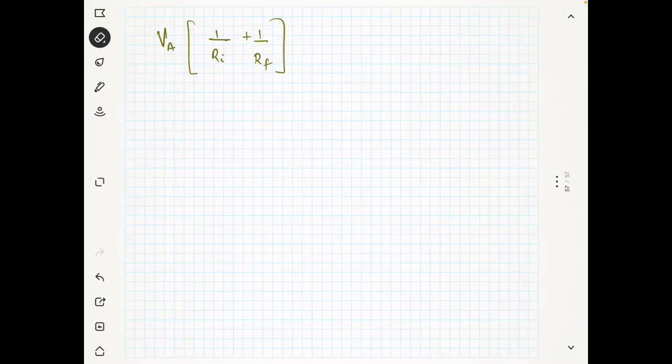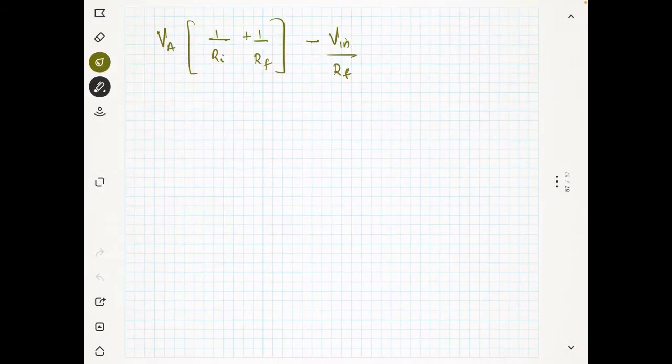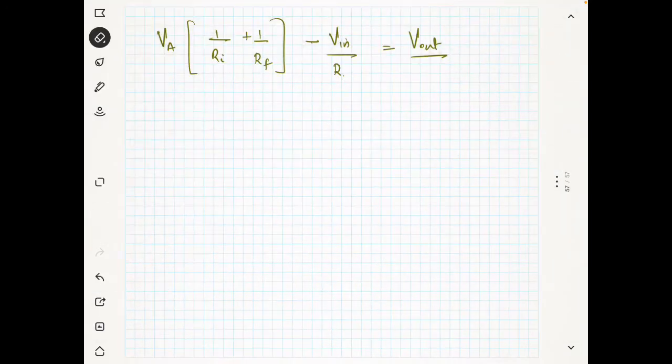So minus V in by RI is equal to V out by RF. So I hope this is clear.